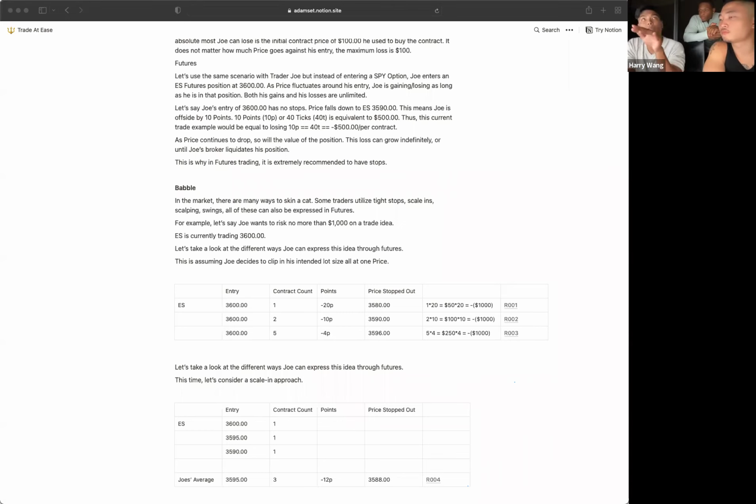Because your initial entry might have gone offside, maybe your target has changed. It's hard to say in an imaginary example, but you either just clip in again on the same contract, or try another long strike.